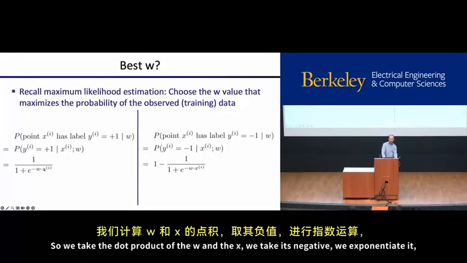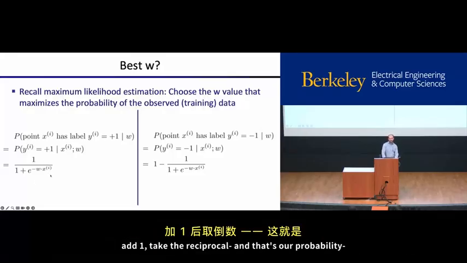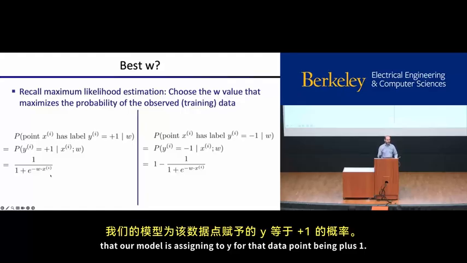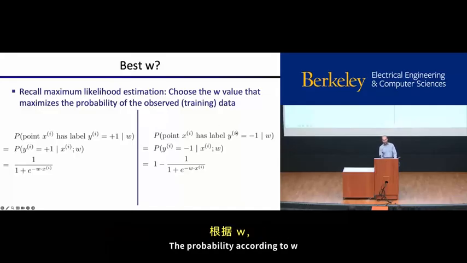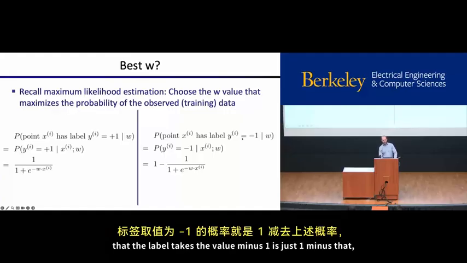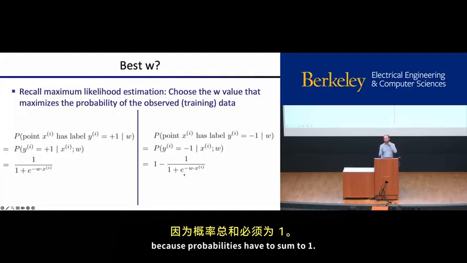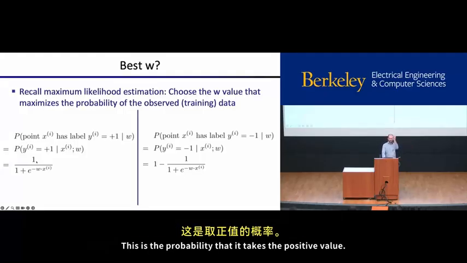So we take the dot product of the w and the x, we take its negative, we exponentiate it, add 1, take the reciprocal, and that's the probability that our model is assigning to y for that data point being +1. The probability, according to W, that the label takes the value -1 is just 1 minus that, because probabilities have to sum to 1. This is the probability that it takes the positive value. This is the probability that it takes the negative value.